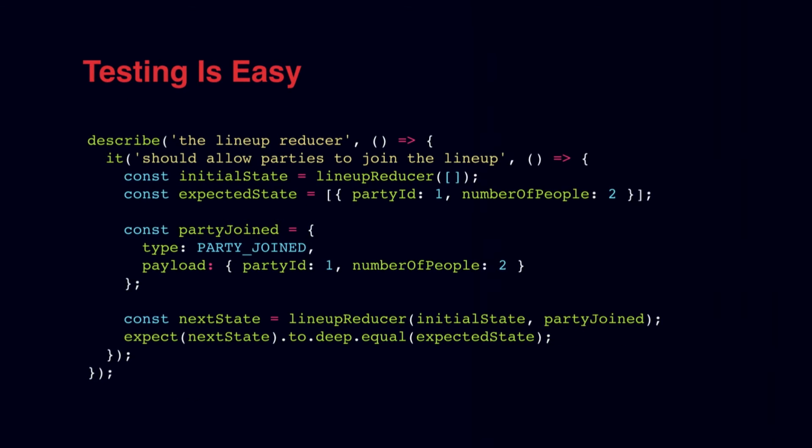The other nice thing about this is that it's a pure function, so testing it is easy. I don't have to mock anything. I don't have to isolate it from the rest of the application. It's just a function. I give it some parameters, and I check that the next state is what I thought it was going to be. Current state, an action, new state.